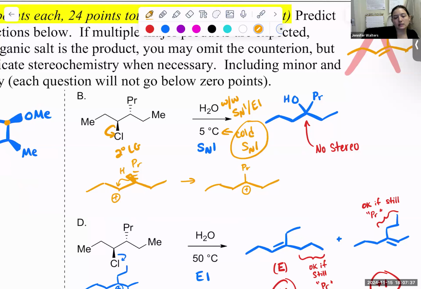So now that is planar. So there is no stereochemistry there. So that's why there's no stereochemistry in the product, because then water attacks, and then you just do acid base, and that leads you to your product. So that was the product of the first one, was recognizing that you had to have your hydride shift. It was SN1, and you lose stereochemistry.